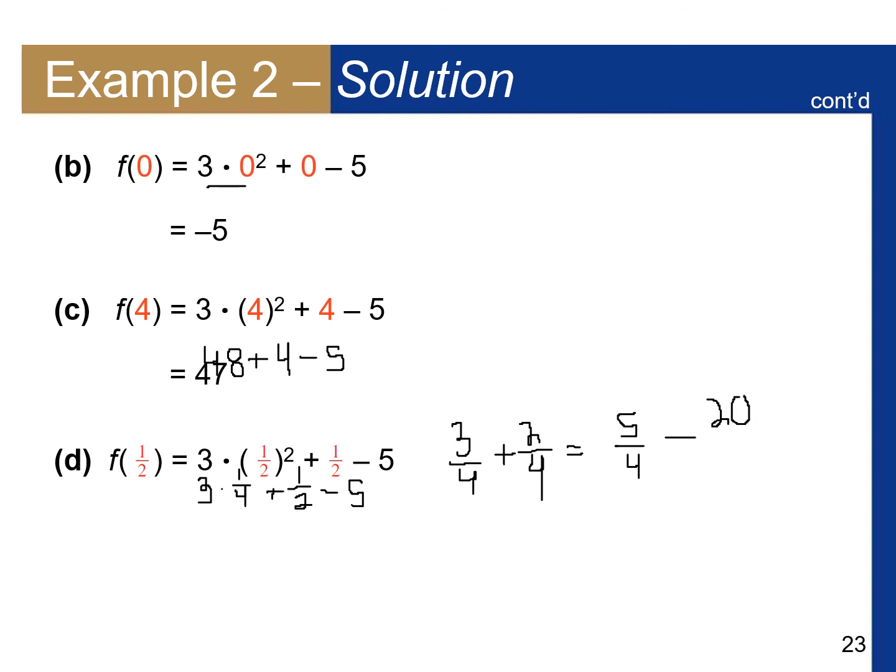That would equal 5, right? So now I have 5 minus 20, so that will be negative 15 over 4, not 5. I get ahead of myself. Okay, so over 4. So this will be negative 15 over 4. There we go, negative 15/4.